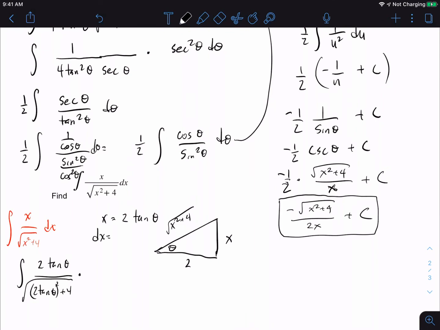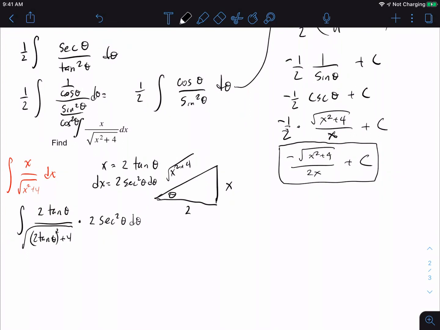So the dx is going to be 2 secant squared theta d theta, which will give me 2 secant squared theta d theta. That's a big deal. Now, does this look like it's very pretty? Does it look like it's going to be a lot of fun work?